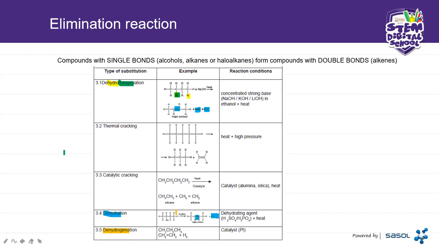It's going to be CH3CH2CH3 that will give you, see, there's our double bond there, plus our H2. So the catalyst that we're going to use here is Pt, right? Make sure you remember, guys, please.